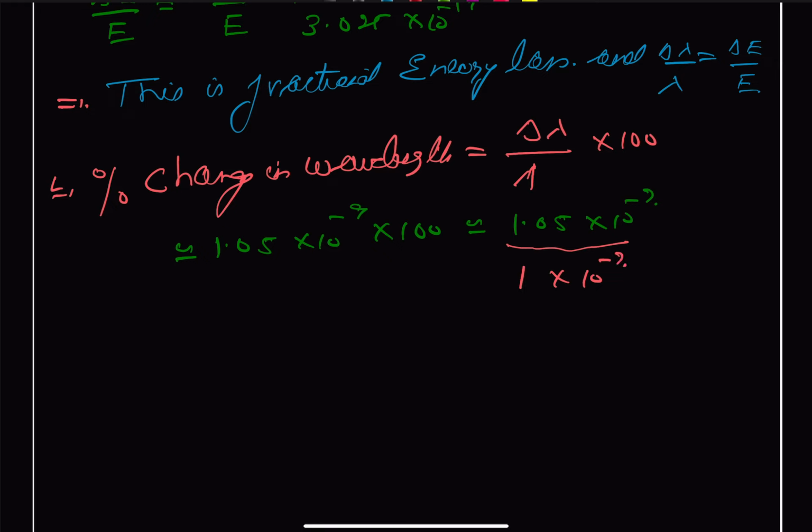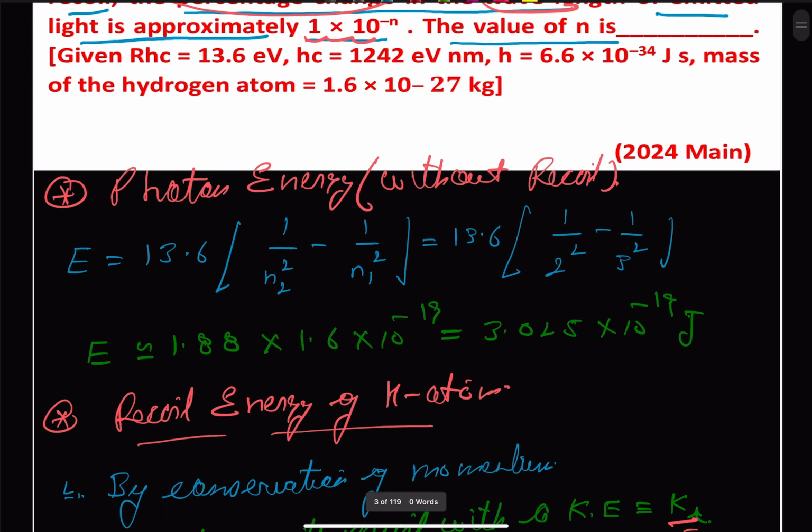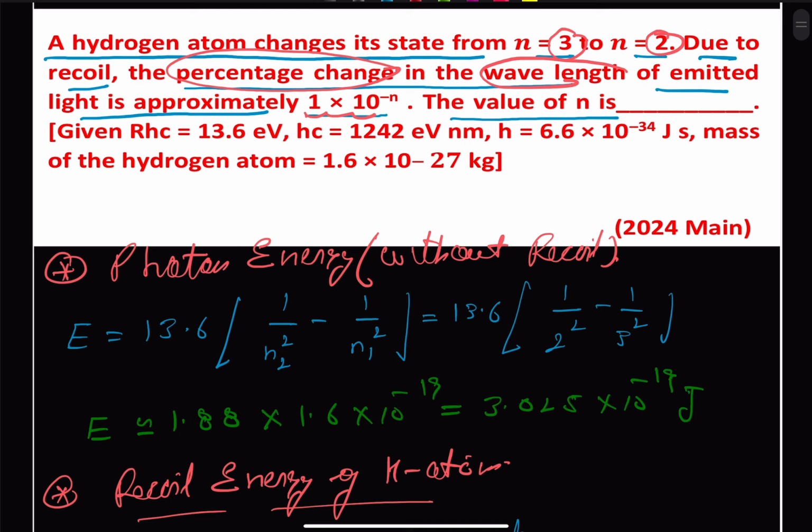So we can say this 1.05 is approximately equal to 1. Therefore, it is given as n, not 7, but it is given as n. So if you make a 1:1 comparison, we can write that the value of n is equal to 7. The value of n is 7.